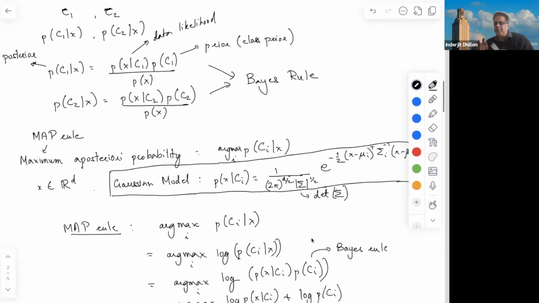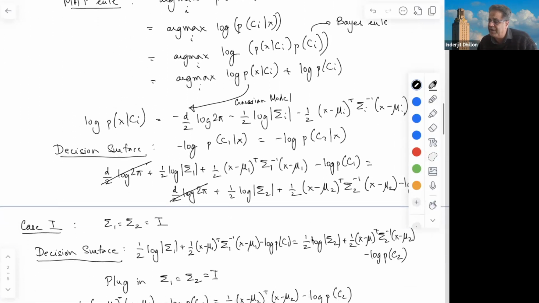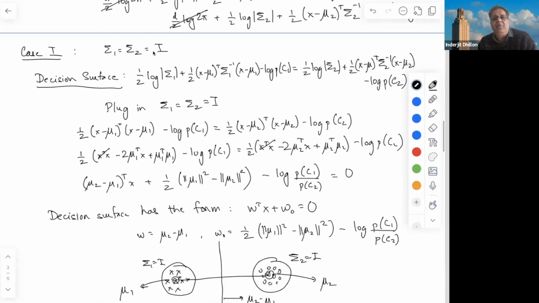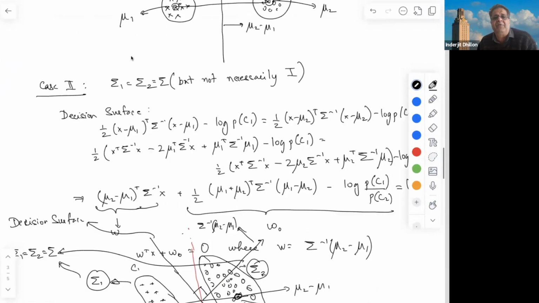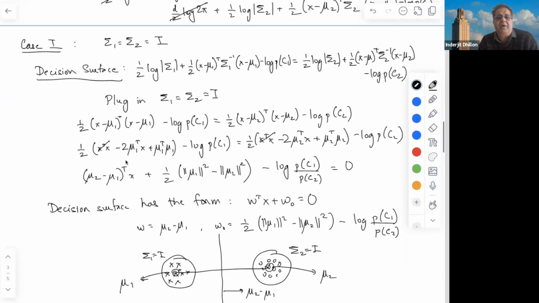Then we tried to do a little bit more principled probabilistic modeling. We modeled it simply in the beginning as unit covariance for both C1 and C2. And then we saw that we actually got a decision surface which was very close to what we had developed first by intuition, other than the class prior. This is a linear decision boundary, and very close to what we had by intuition.